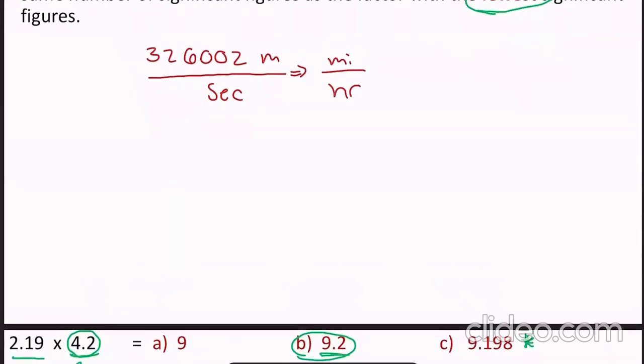So first we're going to start with 3,206,002 meters per second. We want to see that in miles per hour. Let's work on getting rid of the meters first.